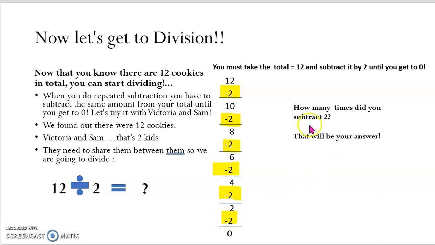So that is going to be your answer, okay? How many times did you subtract 2? 1, 2, 3, 4, 5, 6. So 12 divided by 2 equals 6. Okay, let's move on.